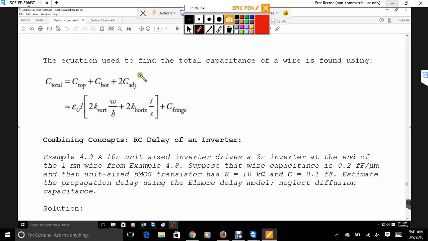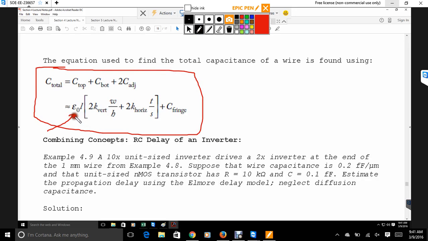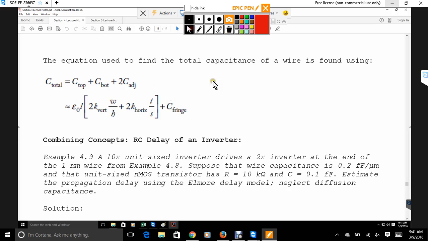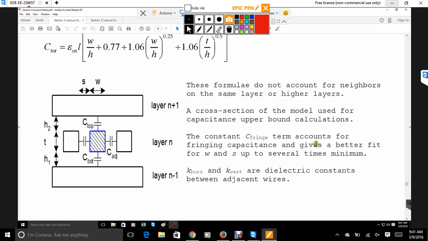So we derive this equation where we have the permittivity of free space times the length of the wire, and the dielectric constants between the wires, and then this fringe capacitance, which I probably skipped over, is a better fit, relating our distance and our width of the transistor together.